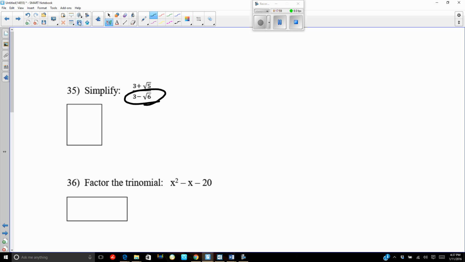So to eliminate that radical, we need to multiply the bottom by its conjugate. And whatever you do to the bottom, you have to do to the top.